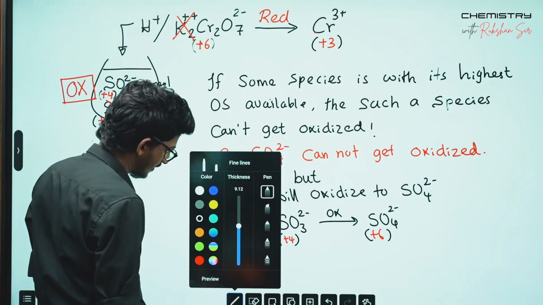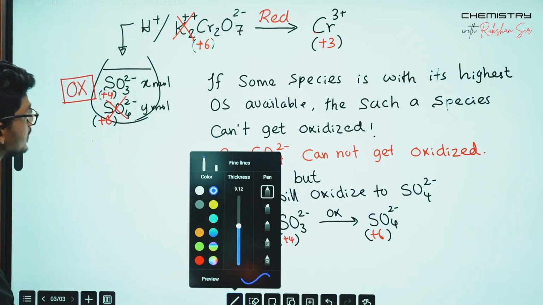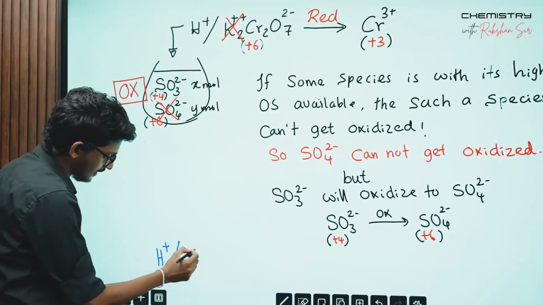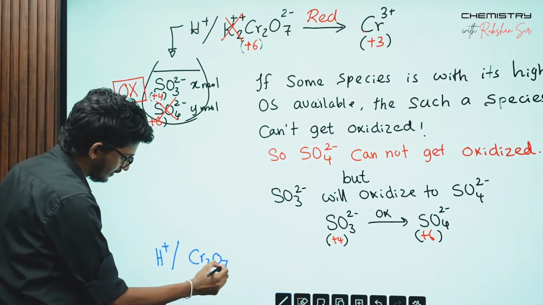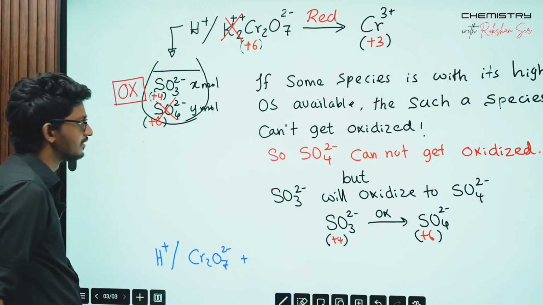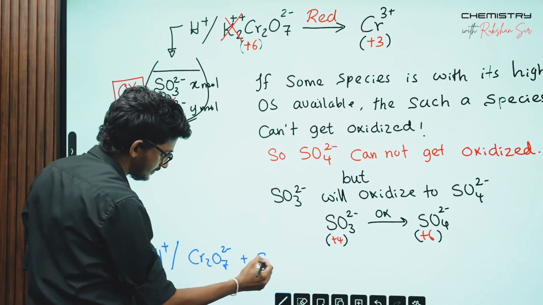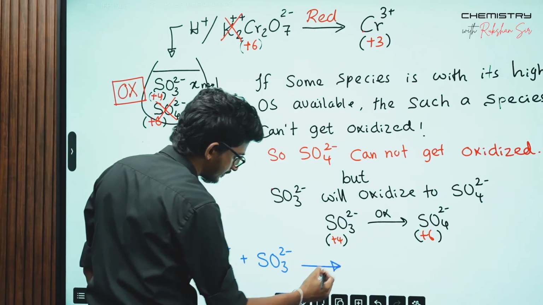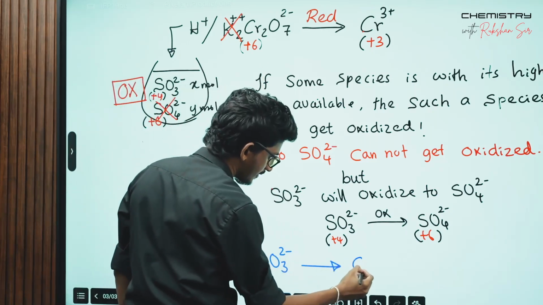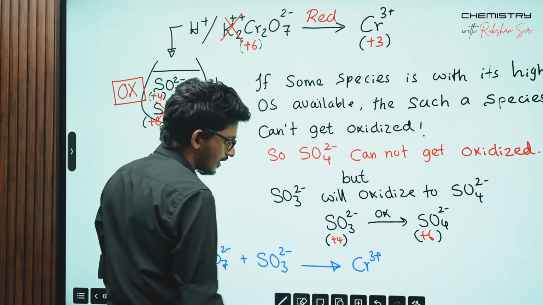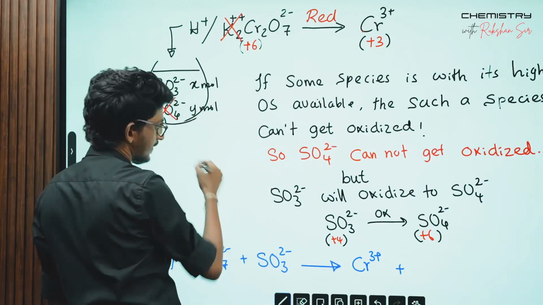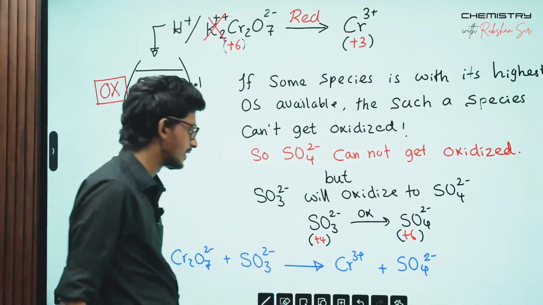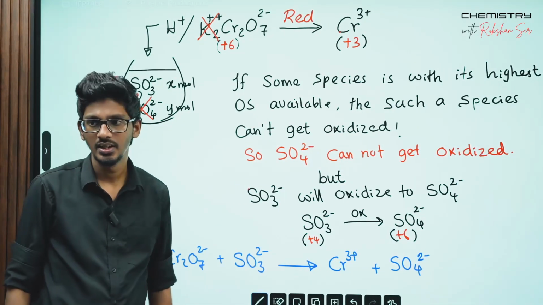If you're trying to write the reaction here, the reaction is going to be, in acidic medium, dichromate ion Cr2O7 2 minus reacts with the sulfite ion to produce the Cr3 plus, and this guy oxidizes to sulfate. So this is the reaction happening. So you need to balance this with the use of redox techniques.